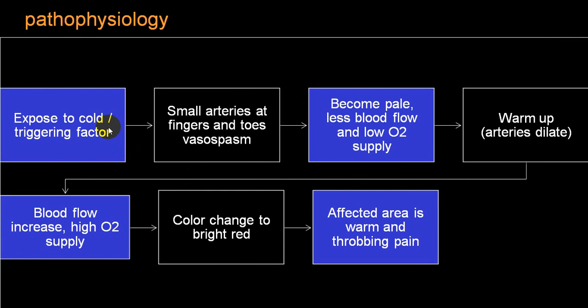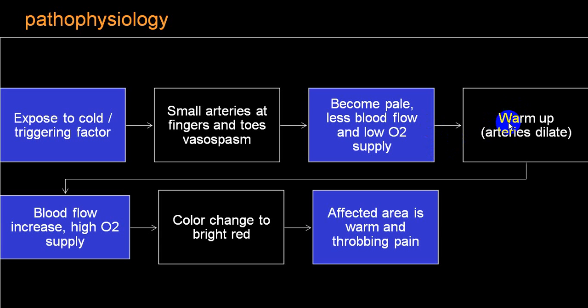So, on exposure to cold, there is a triggering factor. Small arteries of the fingers and toes go into vasospasm, less blood flow, low oxygen supply. Now, this will produce anaerobic metabolism, lactic acid production. So, there will be pallor with pain.